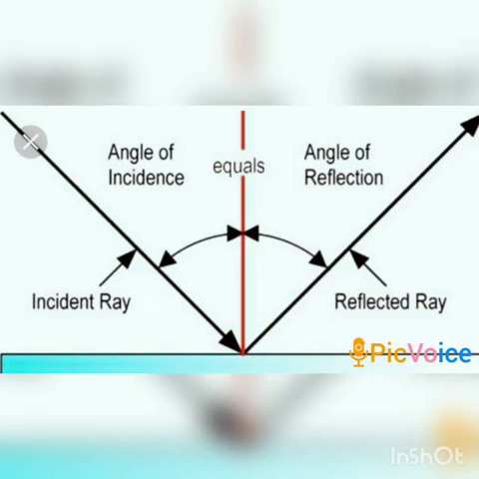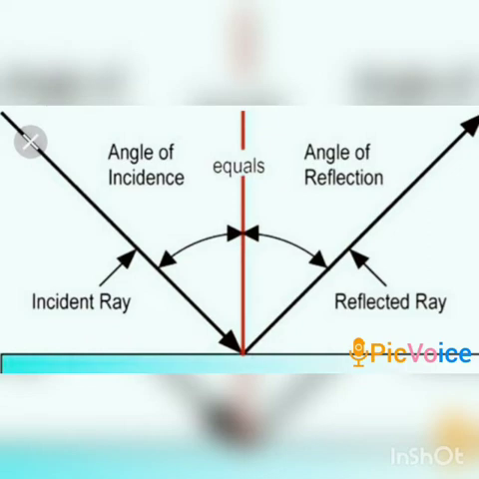Now the next term is the plane of incidence and the plane of reflection. We know that we can use two points to define a line and two lines to define a plane.